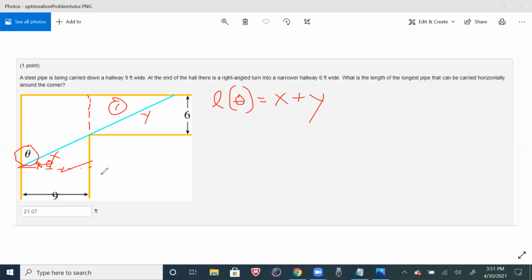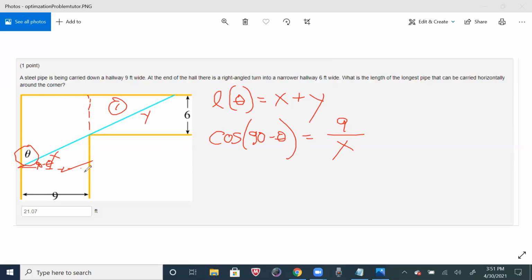So I could say that the cosine of 90 degrees minus theta equals 9, the adjacent, over the hypotenuse. So I can come up with that equation given what you've given me.